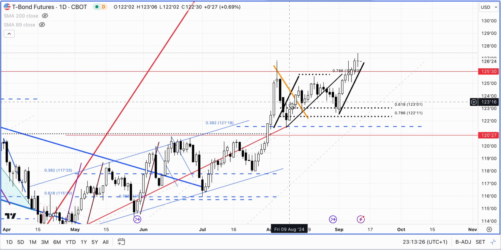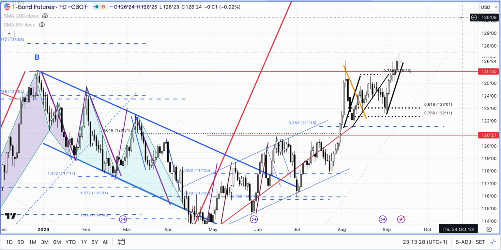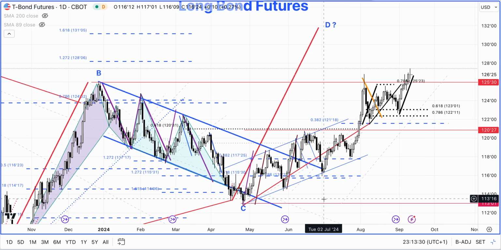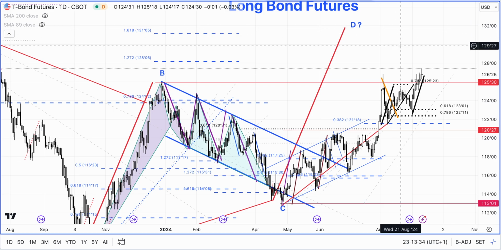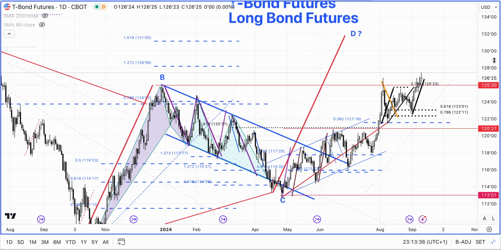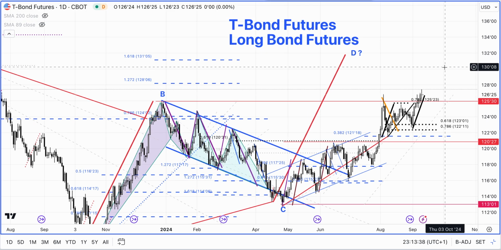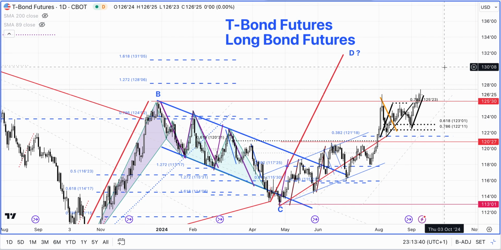So this is what we got, and if my analysis is correct, and we are in the CD leg higher, then we are likely to see much higher prices or lower yields in the long bond futures, which should help with things like mortgages, because 10 years duration and above is the kind of duration the companies use to bring those products out, and also for credit cards and stuff like that. So that's why the 10-year is really, really important to take a look at.